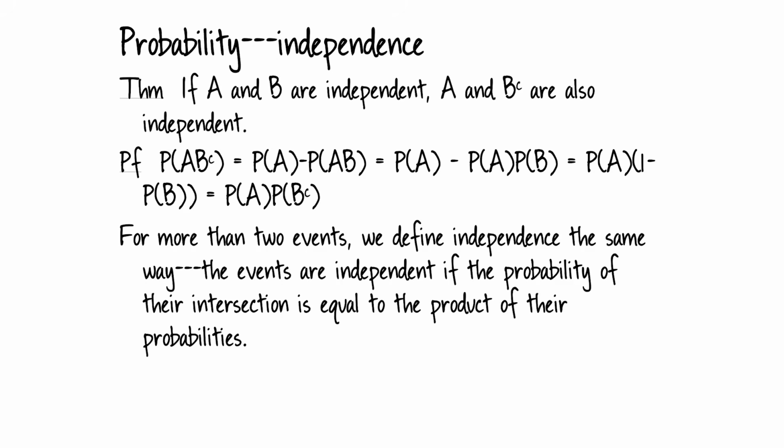And furthermore, if we have more than two events, the definition that we use for independence generalizes in the way you think it would. So the events are independent if the probability of their intersection is equal to the product of their probabilities for more than two events. Okay?